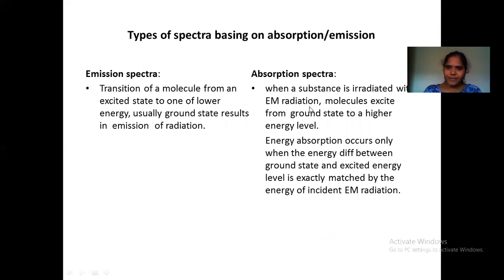And for the absorption spectrum, we irradiate with electromagnetic radiation and the molecule excites. We can record the wavelength of radiation that the molecule absorbed, or we can record the remaining transmitted radiation, and we get the spectrum called the absorption spectrum.